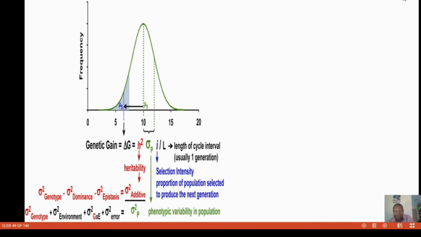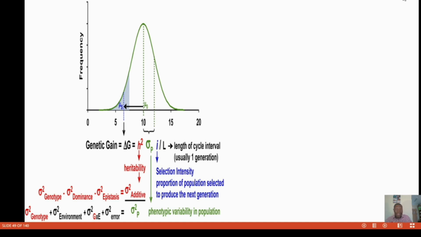Now, the heritability, as you can see, is where, in the narrow sense, you get the additive from which we subtract the epistasis, the dominance, and the genotype. And in the phenotype, we have the genotypic variance, total, we have the environmental variance, we have the G by E variance, and we have the error. They constitute the sigma p, the sigma squared p.